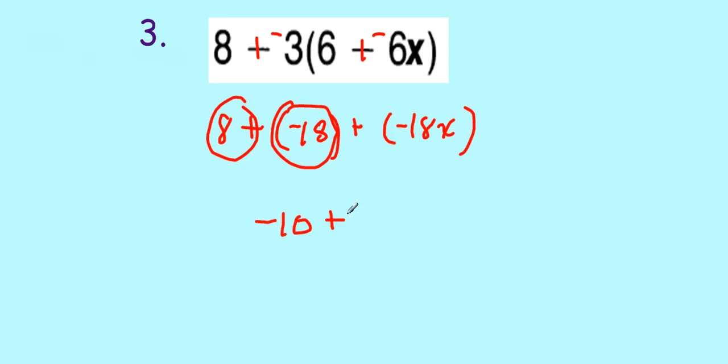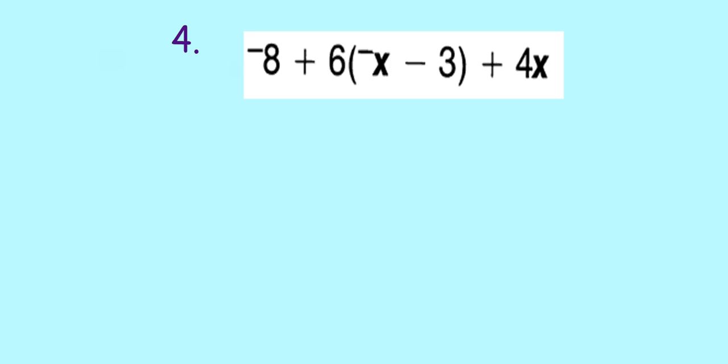So we got negative 10 plus negative 18x. Okay? We want to really write the x term first. So if we want to rewrite it, negative 18x plus negative 10. Okay? And then our last problem in this video, the ones that we're going to work together.